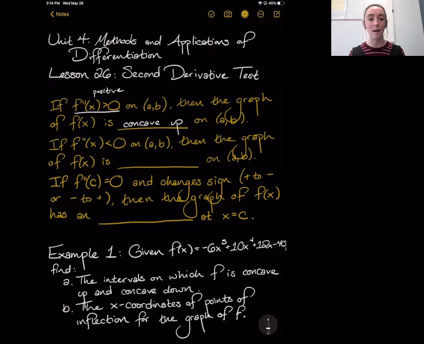Similarly, if f double prime, the second derivative, is less than 0, or negative, on an interval from a to b, then the graph of f is concave down on that interval.